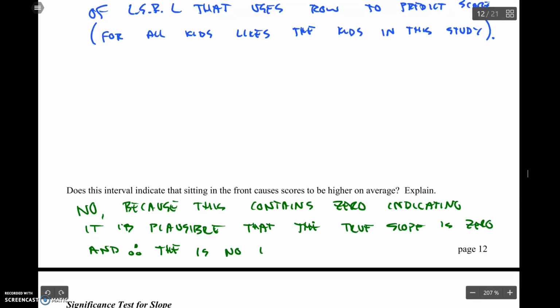There is no linear association between row and score. So this is saying it's possible that there's really not a relationship at all.